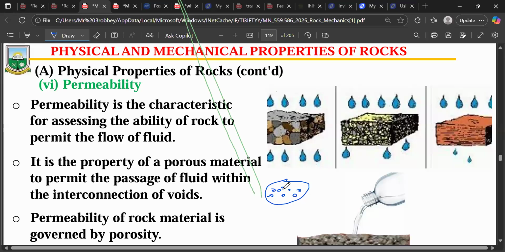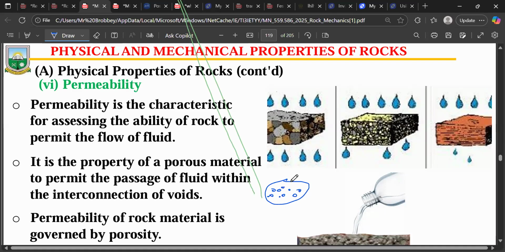If these holes are not connected to each other inside the rock so that it allows water to seep through it, and we are going to come across something called seepage, right? If the water is not being allowed to pass through these holes and out of the rock, then it is not permeable. The moment it allows water to run through these holes and get out of the rock sample, then the rock is permeable, right?